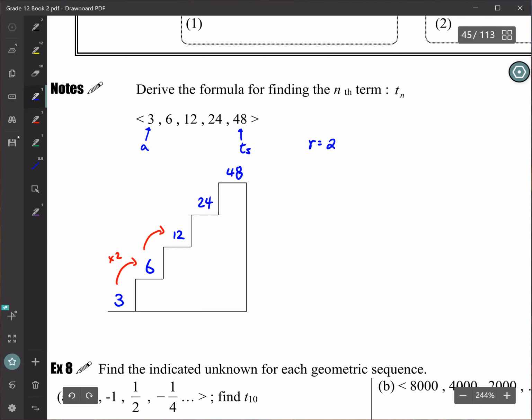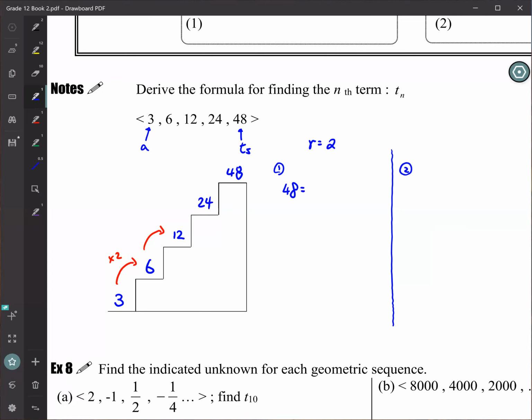Now I would like you to draw a line in the middle. We are going to derive the first formula here, and then the second formula on the right side. So I will start with 48. I want to climb the stairs to 48, starting from the first step, which is 3. Of course 48 does not equal 3.